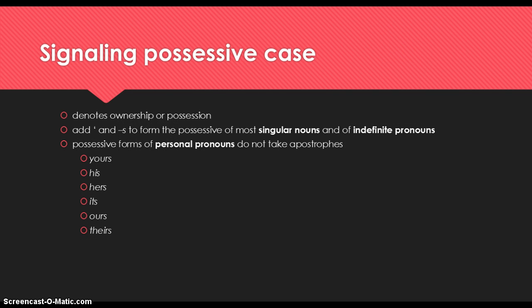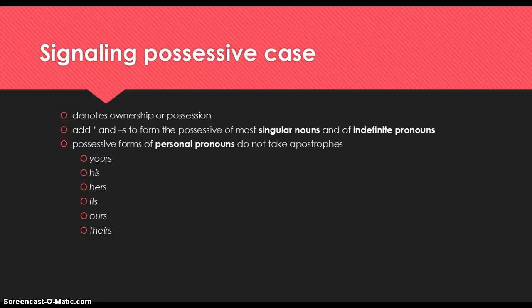Let's talk about the uses of an apostrophe. Now most people know an apostrophe indicates a possessive case. It shows something owns or possesses something else. Now how do you form that? You form the possessive case by adding an apostrophe and an S to most singular nouns and also indefinite pronouns.